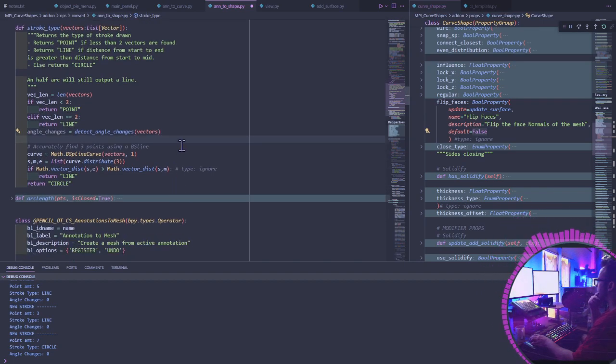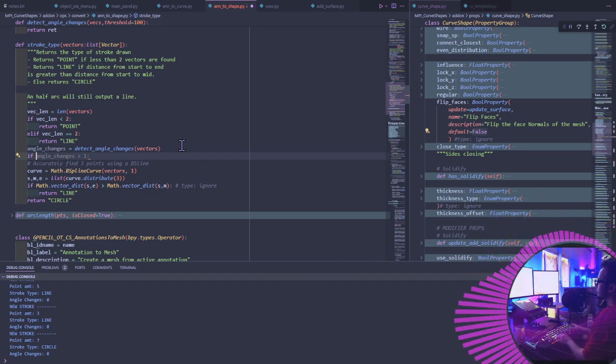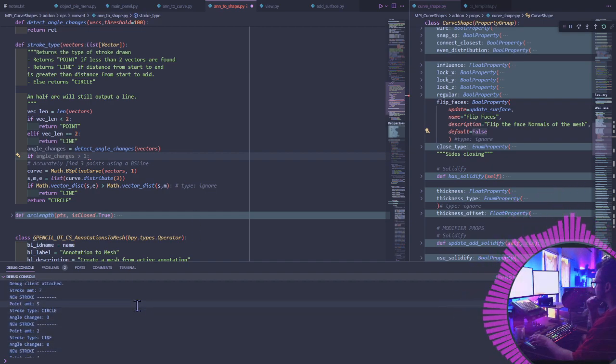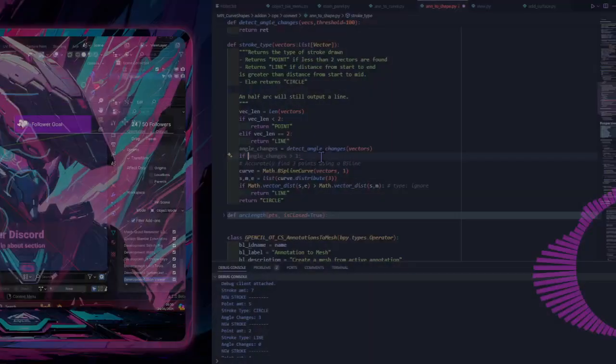So we know that in the case of the square, we're going to have 3 angle changes. So 1, 2, 3. That's going to make a square.